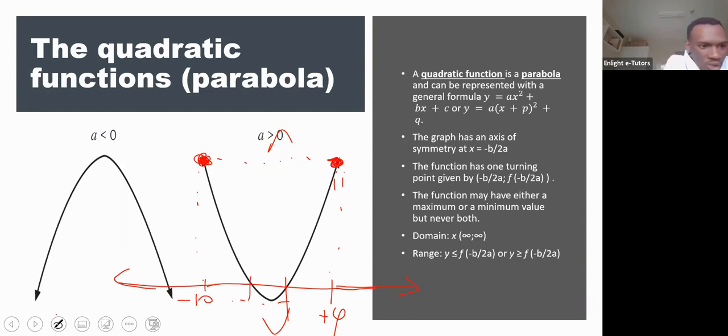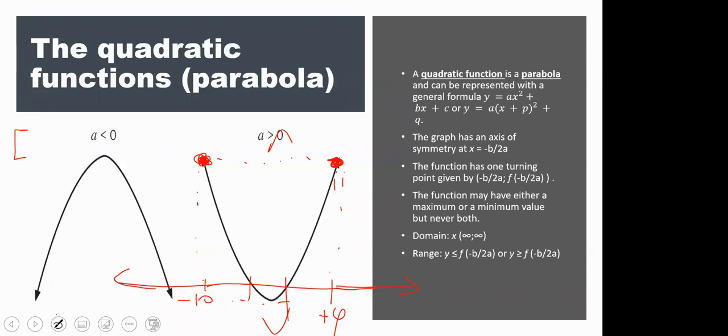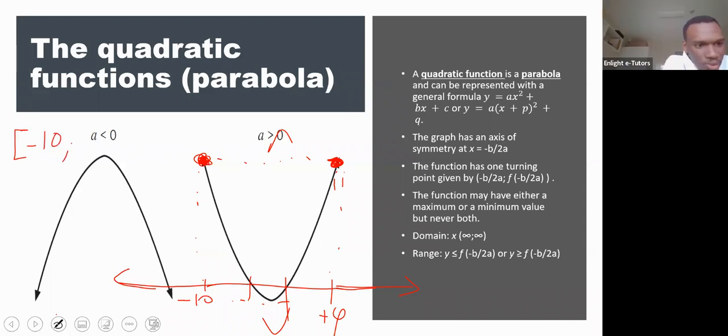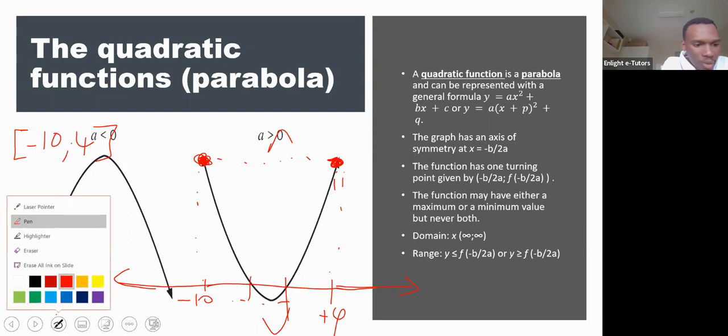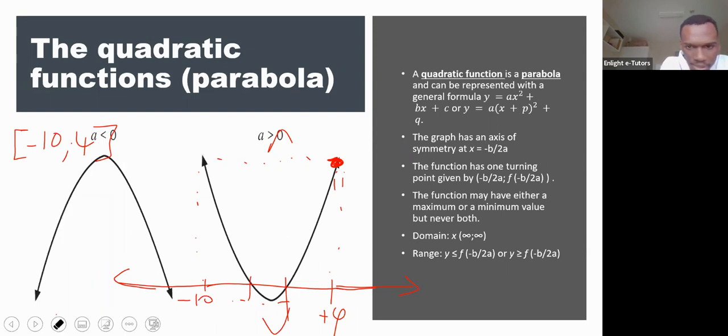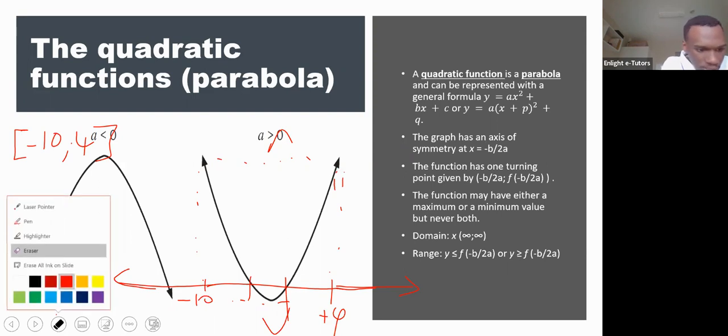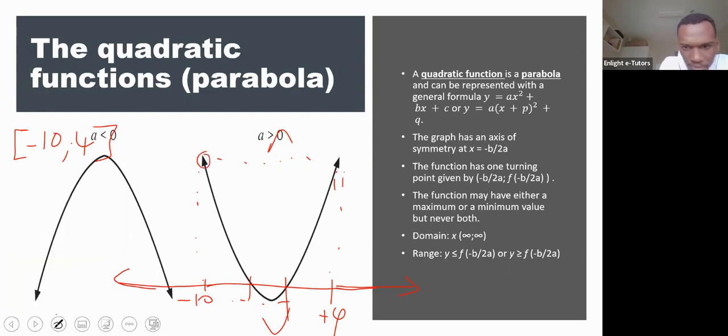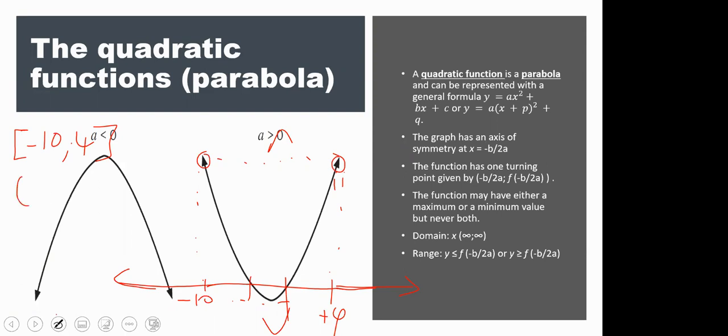For the shaded dots, you use this bracket, which is inclusive, from -10 to 4. You understand? But when it's not, you don't use this one. So -10 to 4.